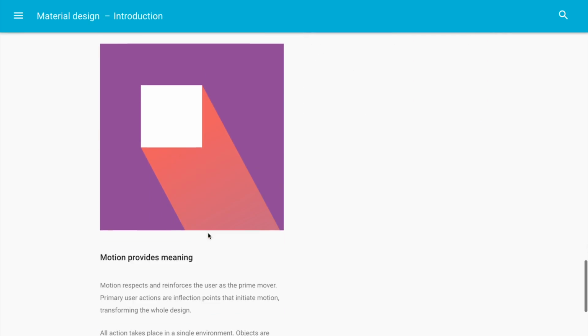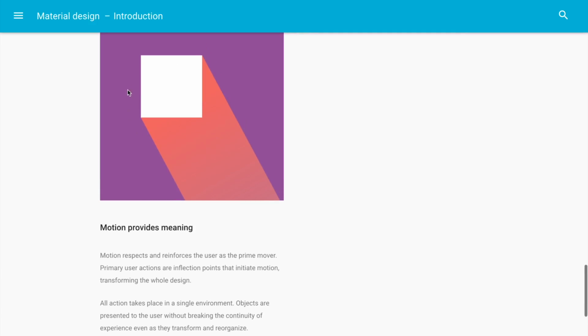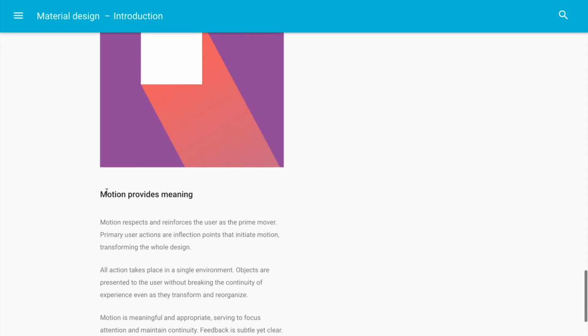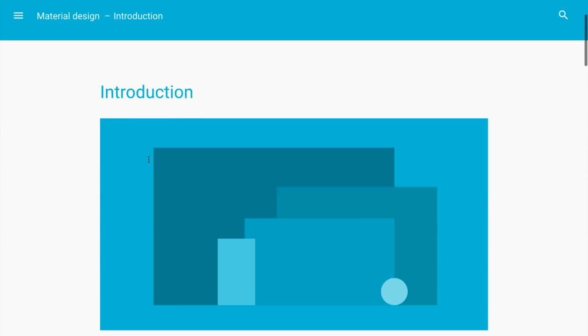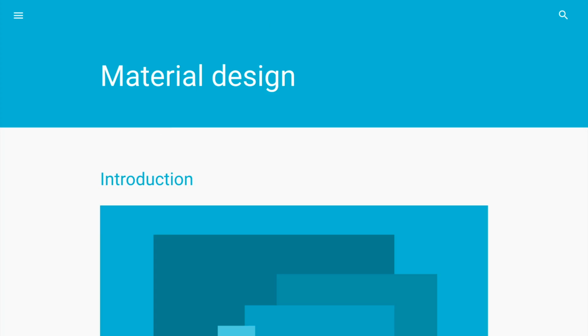What we are studying today is how these pieces of digital paper move around the screen, how people interact with them, and how they come alive with animation. You see here they describe it like motion provides meaning, and it's really inspiring. Before we actually start, another little introduction on what motion graphic design is. It's an art, it's a job.